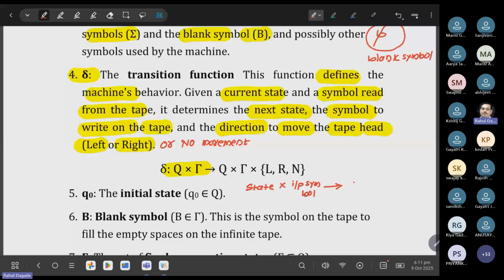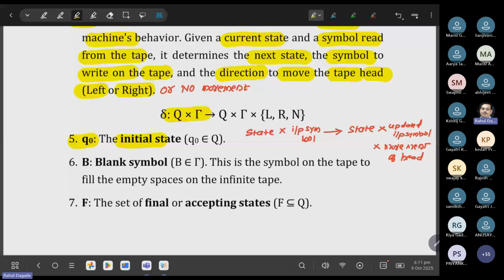So these are the 3 combinations this delta function gives. Q0 is the initial state, and Q0 belongs to Q. And we have the blank symbol represented as B, or also represented like this. This symbol is used on the tape to fill the empty spaces on the infinite tape. And F is the set of final or accepting states in a Turing machine.